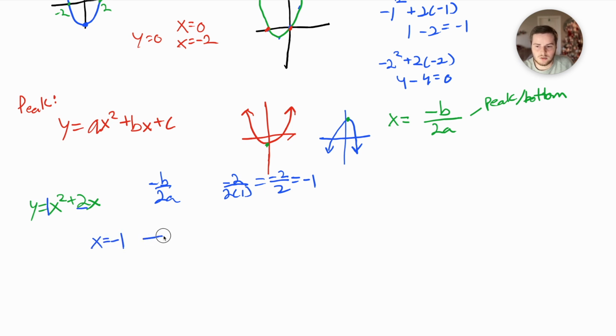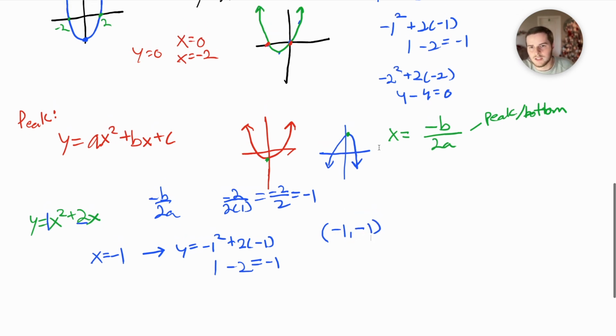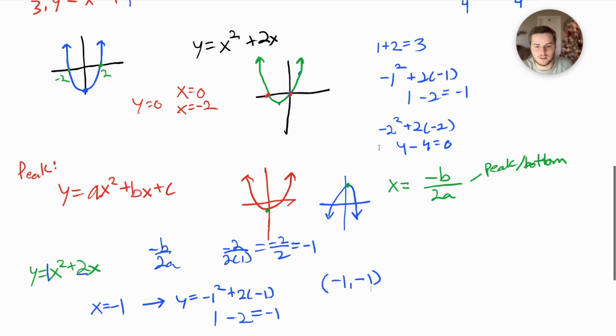And when you plug that into the equation, we're going to have y equals -1 squared plus 2 times -1. That's going to be 1 minus 2, which equals -1. So we know that its peak or its bottom is going to be at -1, -1. And if we look at the graph we made for this earlier, that lines up.